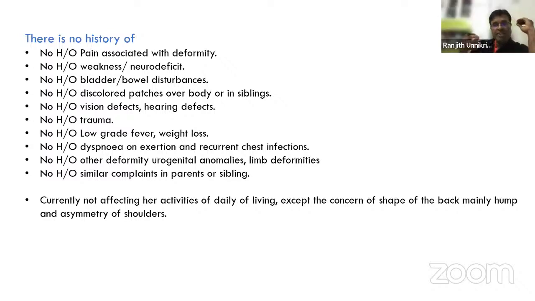No. The question I want to ask is, does having a family history of scoliosis bear any indicator in the progression or the natural history of this child's spinal deformity? Yes, sir. They can have a rapid progression of the deformity, sir.